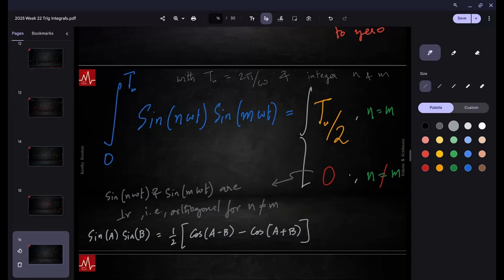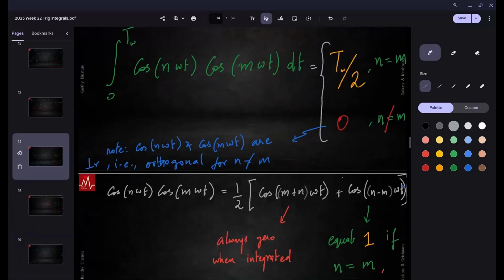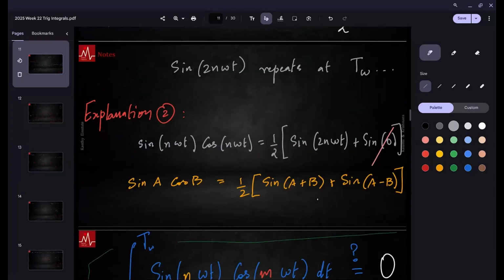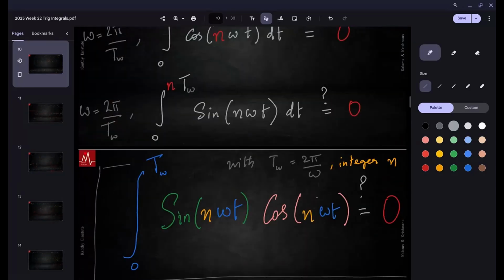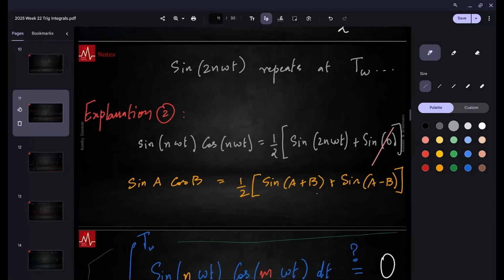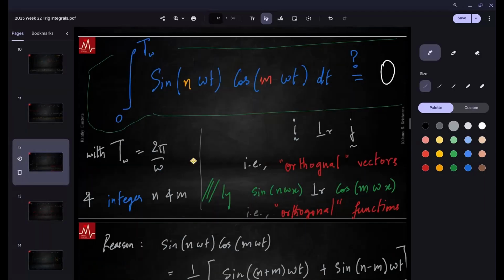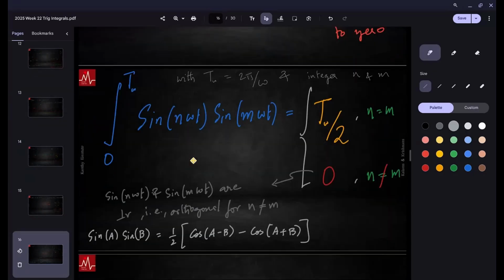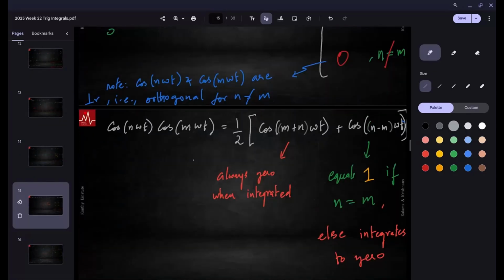Only two non-zero integrals. Even if you don't remember them, arriving at them is max one line. You have to use a product to sum formula. If you use it, you will see the result in one line. If you're not convinced about this reasoning or any of that, do it, get yourself convinced. Okay.